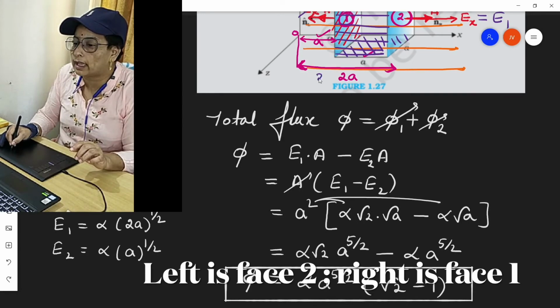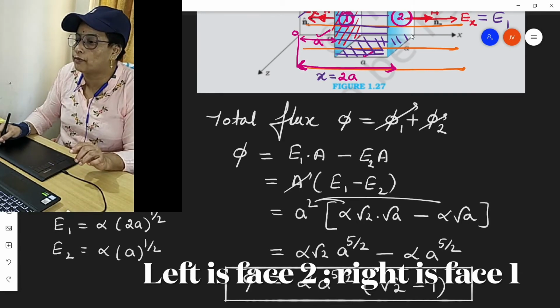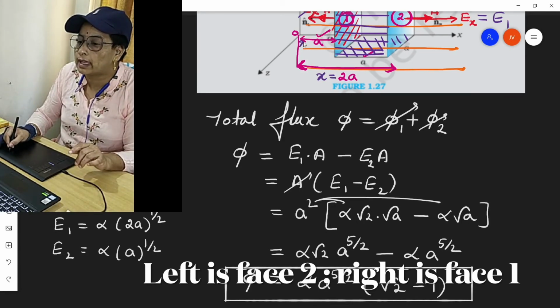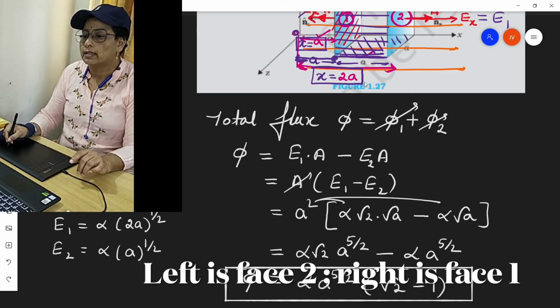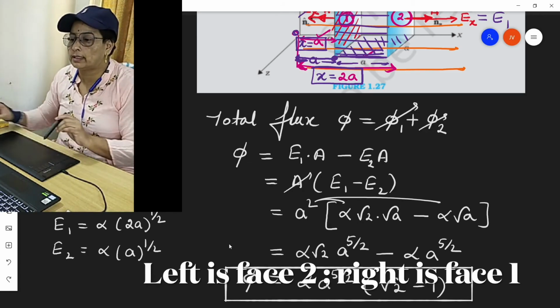So x is twice a for the second face, and x is equal to a for the first face. The first face is close to the origin, and the second face is at twice a distance, because the side of the cube is a units, and this extreme end is at a units from the origin. So this is another a units, so twice a. So this is our total flux.